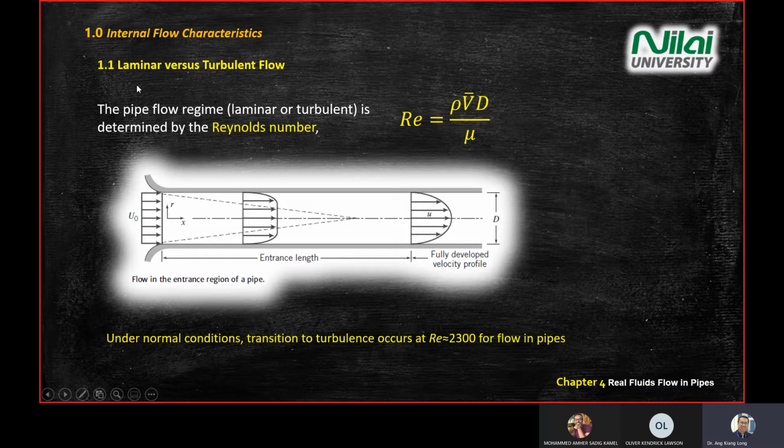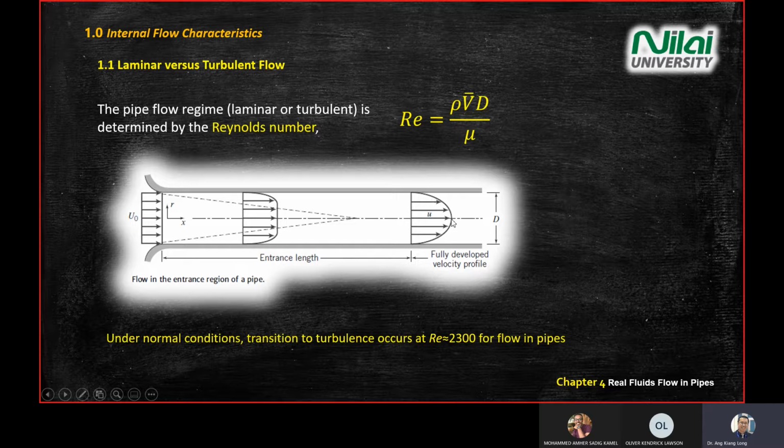By the end of this chapter, you should be able to plot or describe the velocity profile of the flow. And then after the entrance length, at a certain length of L, you're going to reach a phenomenon we call the fully developed region.